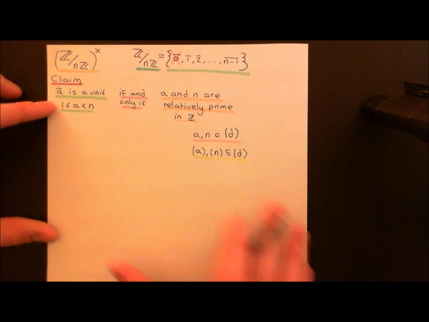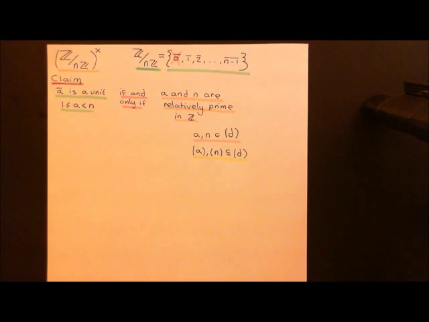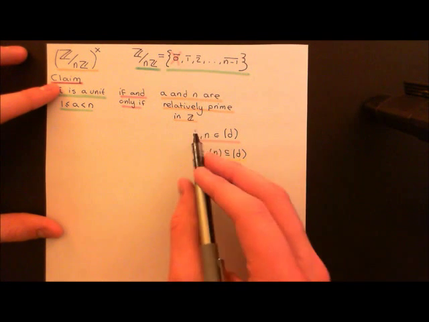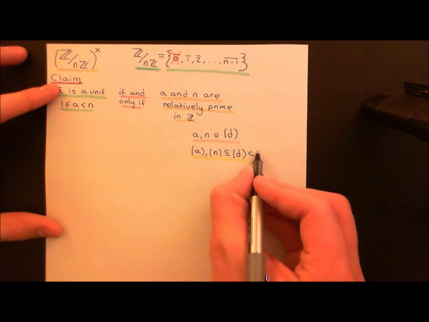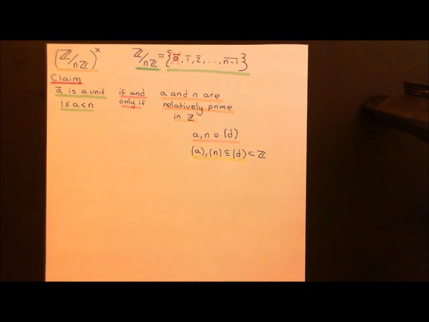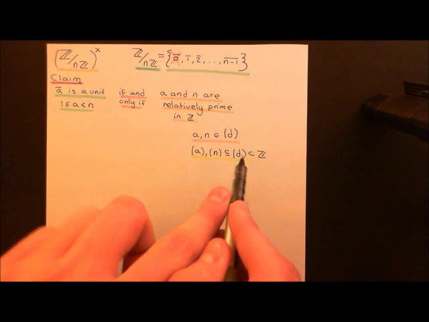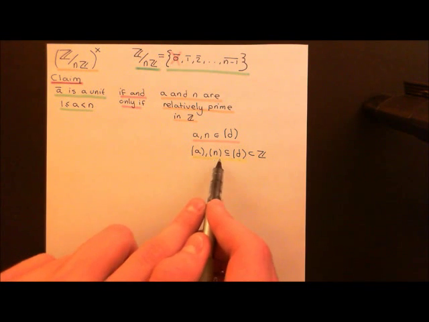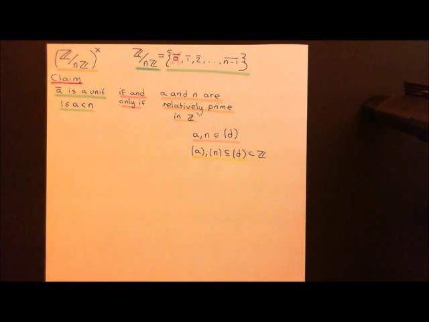Remember, any unit in the integers, 1 or -1, will generate as its principal ideal the entire integers, i.e. you can find some element or some principal ideal in the integers which is properly contained within the integers, which contains the ideal generated by A and the ideal generated by N. The statement that A and N are relatively prime is the statement that there is no such proper ideal that contains the principal ideal generated by A and the principal ideal generated by N and is itself properly contained within the integers.